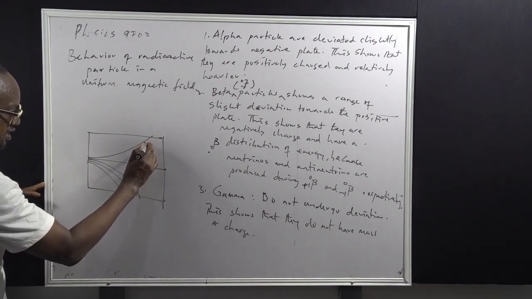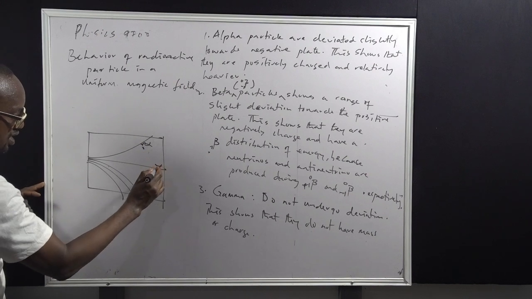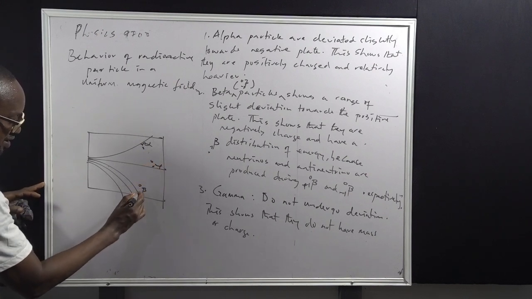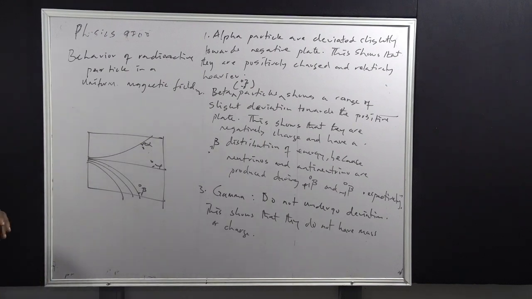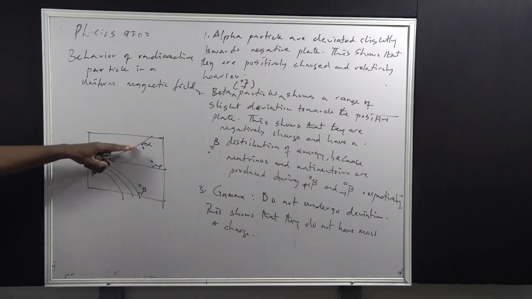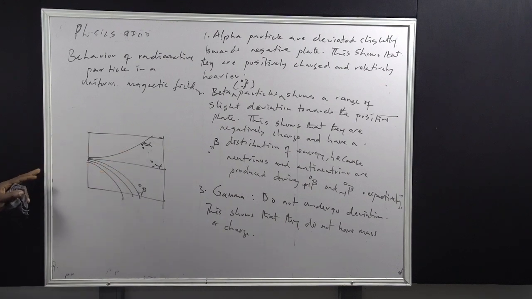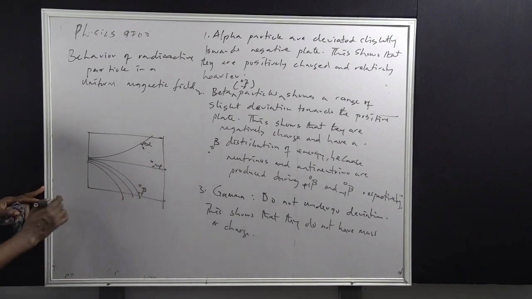Gamma are undeviated. So alpha, beta, gamma: 0, 0 for gamma, and for beta I'm looking at 0, minus 1. So alpha particles and beta minus particles are deviated in opposite directions in the same magnetic field, while gamma are undeviated.